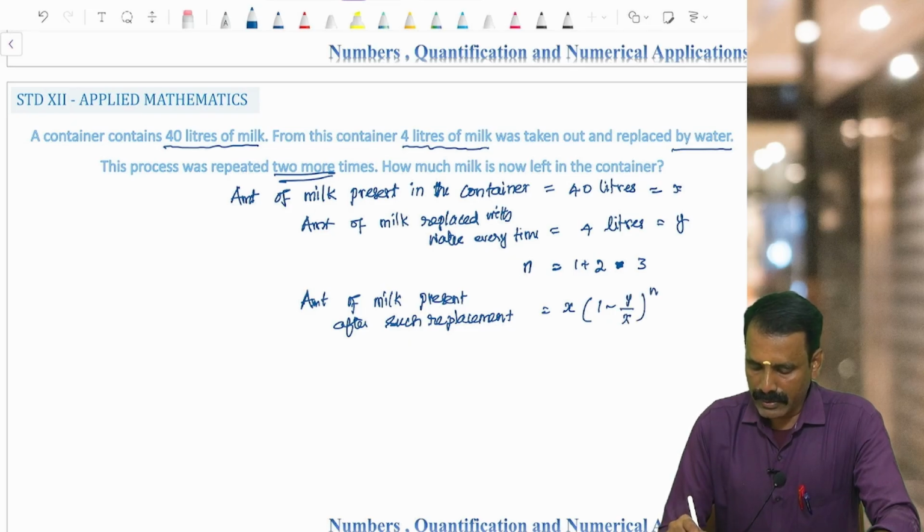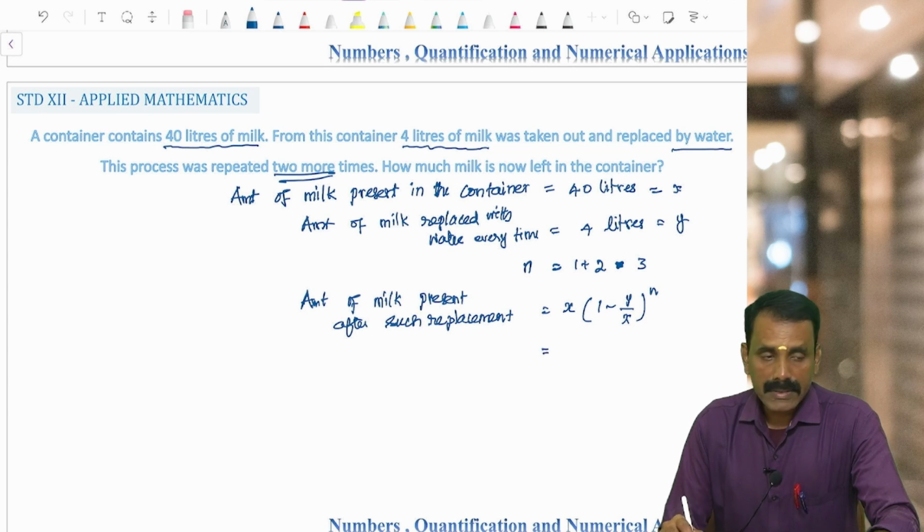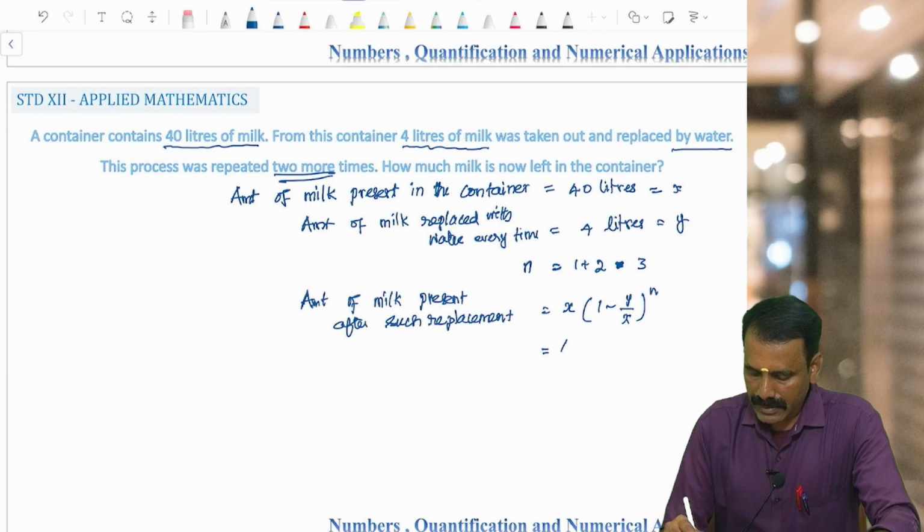We have the values for this expression. X value is going to be 40, y value is going to be 4, and again x value is going to be 10 in the bracket, and n value is going to be 3.